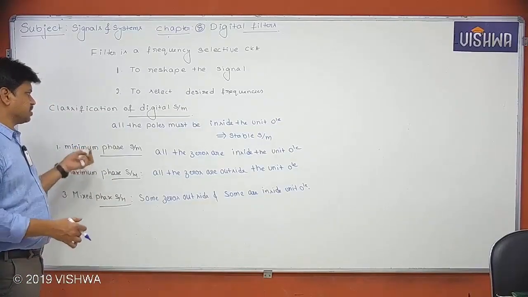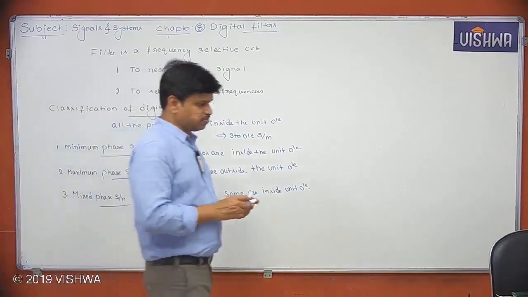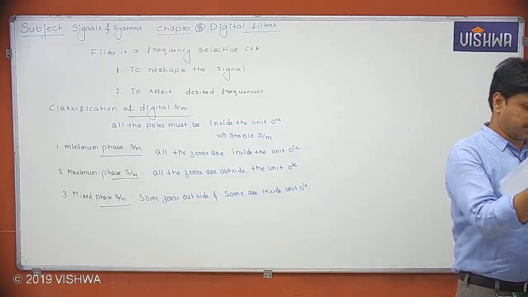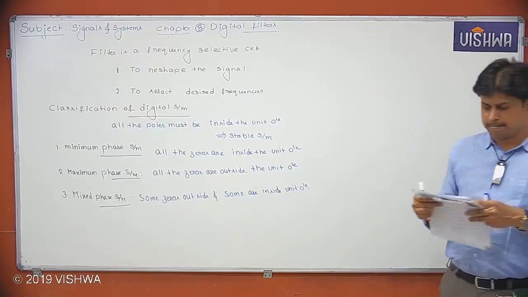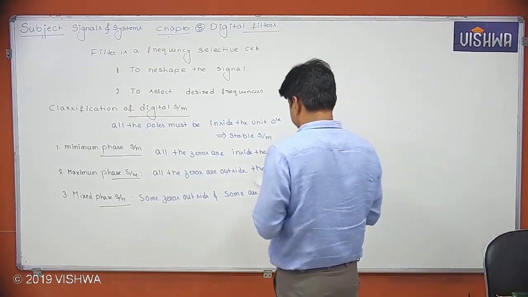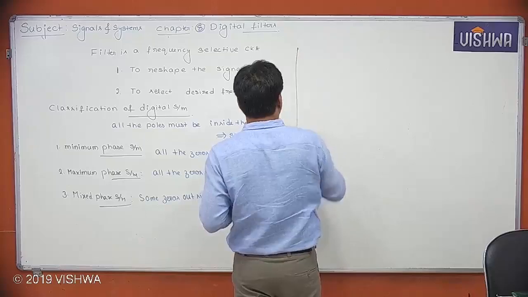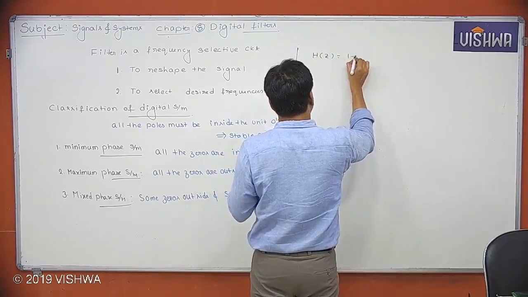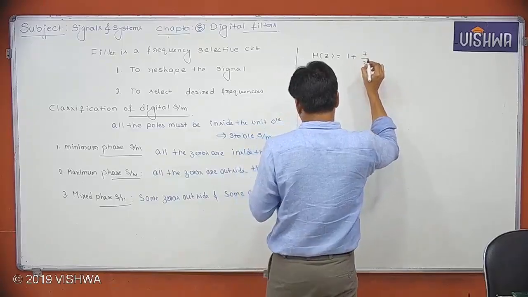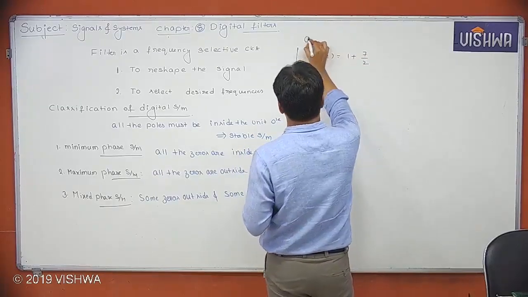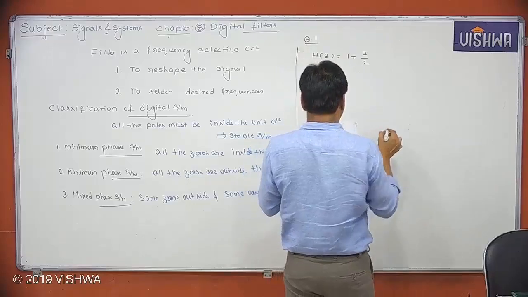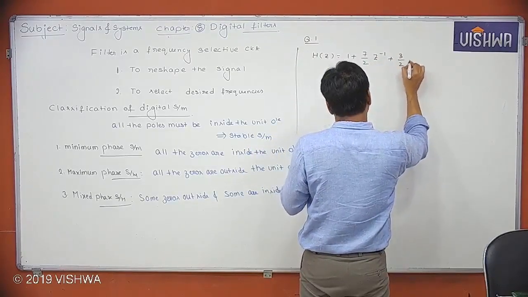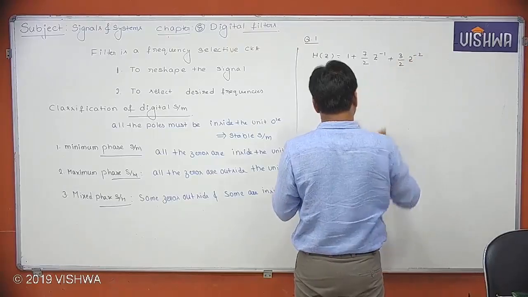So this is the first classification of digital systems. Let's say I will give you one question, and you can understand what system it is. Question number 1: H of z is equal to 1 plus 7 by 2 z inverse plus 3 by 2 z power minus 2.